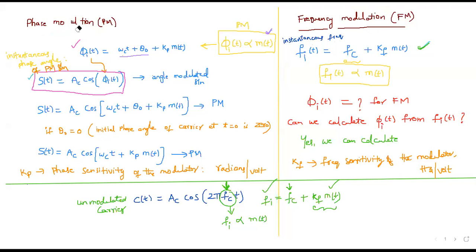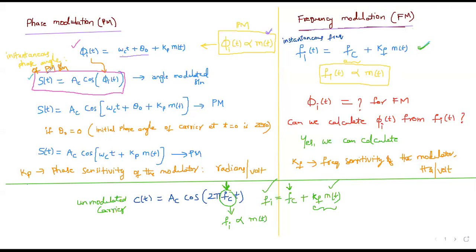So for a phase modulation or a frequency modulation signal, after defining the instantaneous phase angle or instantaneous frequency, you have to see what the final expression for the modulated signal is.